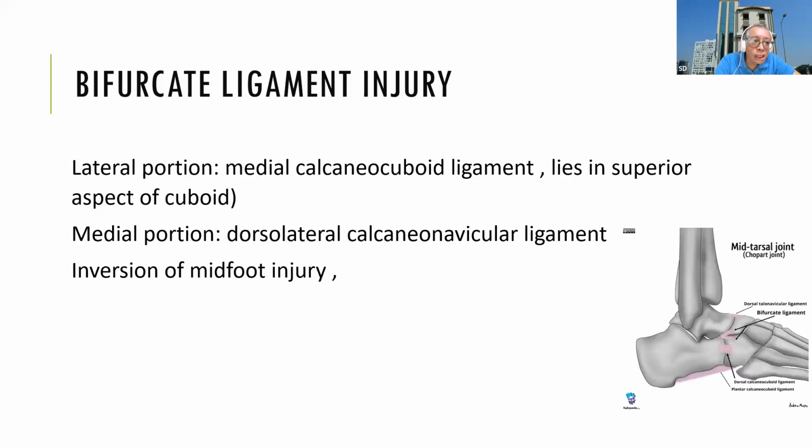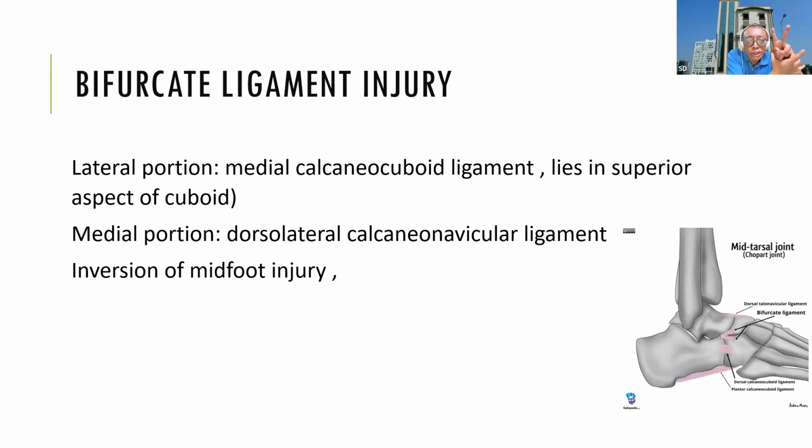Okay, another ligament that can cause problems is bifurcate ligament injury. As the name suggests, it has one origin. It is Y-shaped. So the origin is one, but it gets inserted in two different places. So it has a lateral portion as well as a medial portion.